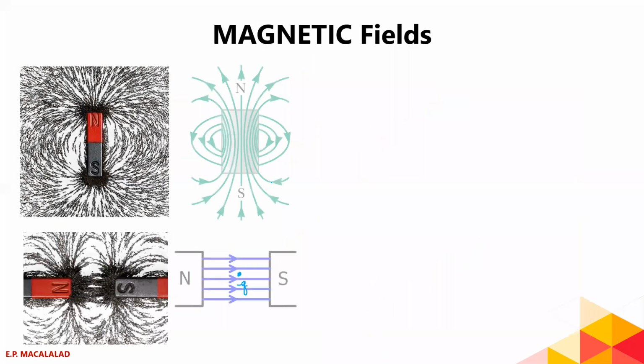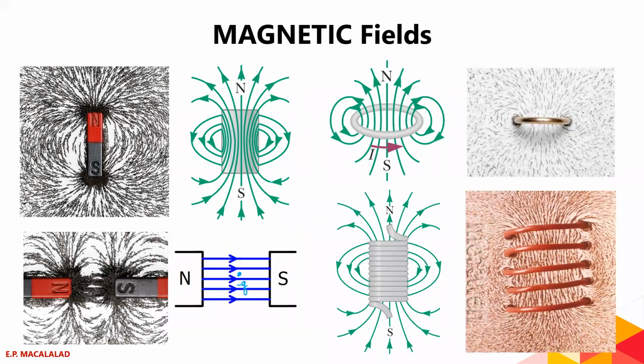However, there is a second condition in order for a charge to react in a magnetic field, and that is the charge must be moving, and that motion should be transverse and not along the direction of the magnetic field.